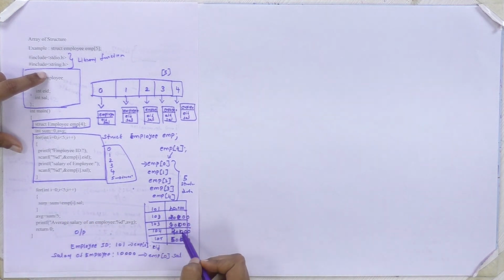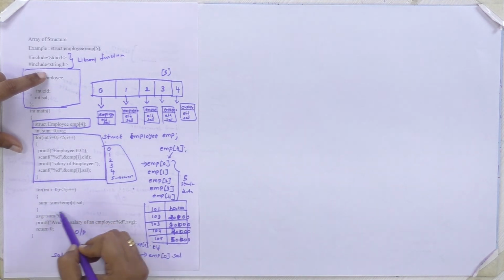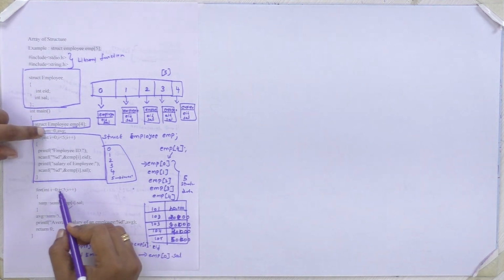So I am going to sum all the salaries and compute the average. Here I need to traverse 5 data, so I use the same for loop. Initialize sum equal to 0.